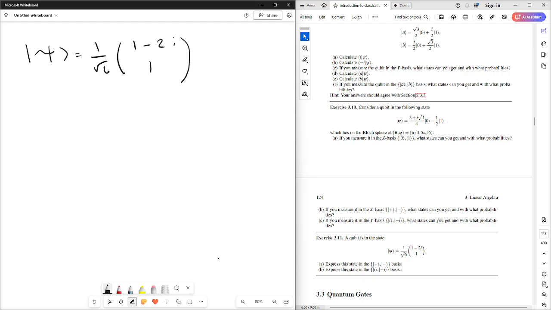Well, we know that we can express this as (1 minus 2i) over square root of 6 times state 0. They didn't really tell us what state it was in, right? Plus 1 over square root of 6 times state 1.